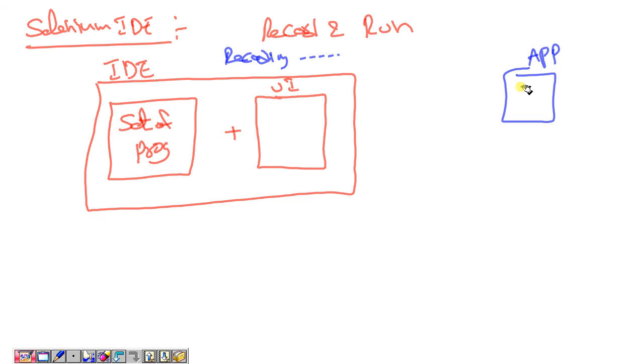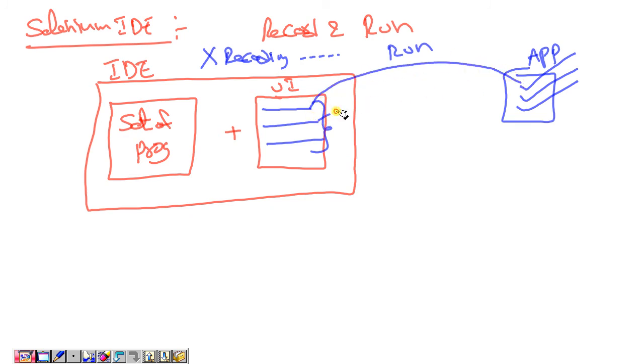If you do some action on the application, the related command is generated in the user interface, and for another action, another command is generated. After that, if you stop the recording and click on the run button, using these commands, Selenium IDE performs the same actions on the application. This is what we call a record and playback tool.